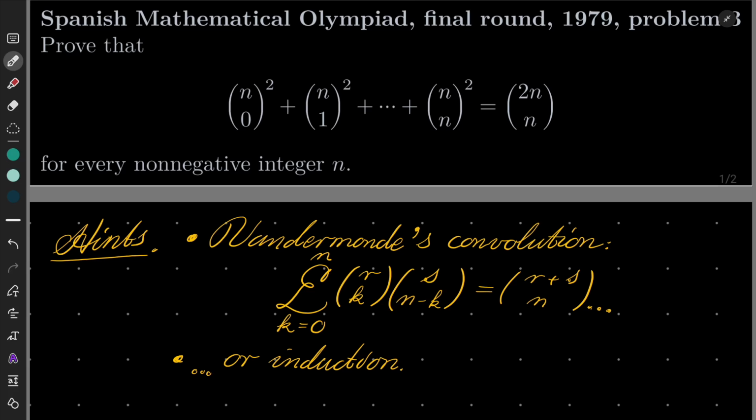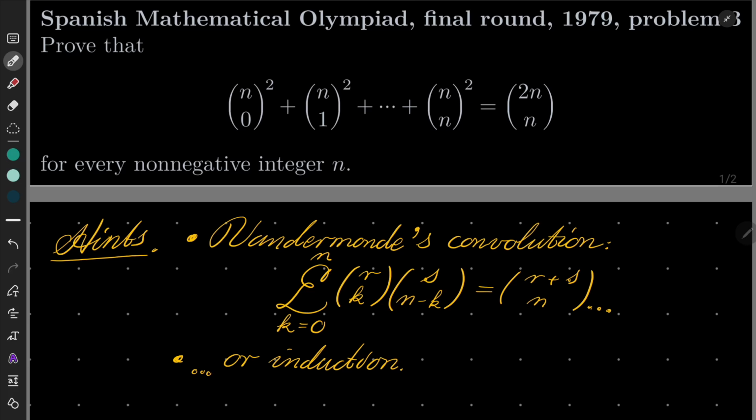So my hint for this problem, the simplest and fastest way to show that it is true, is by using so-called Vandermonde's identity, Vandermonde's convolution, which says in general that the sum from k equals 0 to n of R choose k times S choose n minus k is R plus S choose n.